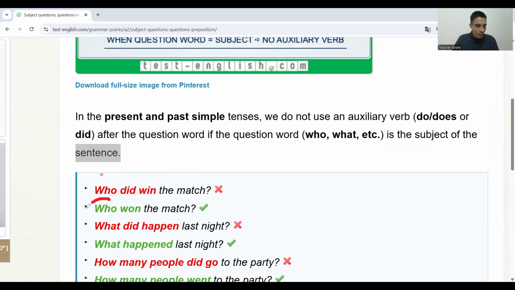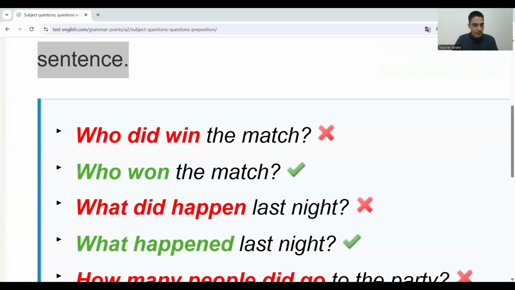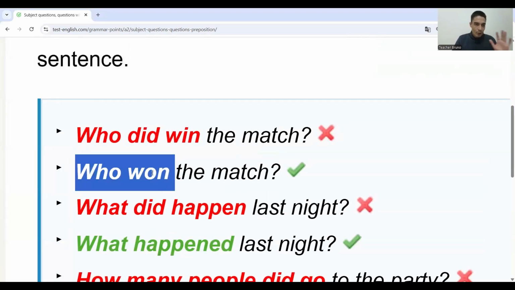Okay, let's understand this. In this example, who won? Who is the subject of the sentence. So we don't use the auxiliary verb.